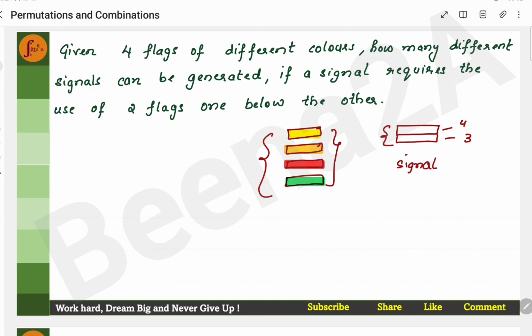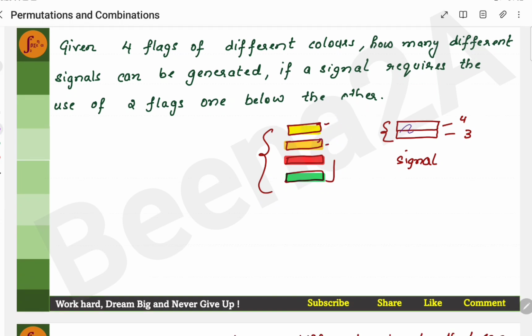It contains 2 flags. With these 4 flags, we'll try to find signals with 2 flags. We'll write down all the arrangements. Let's call them yellow, orange, red, green.